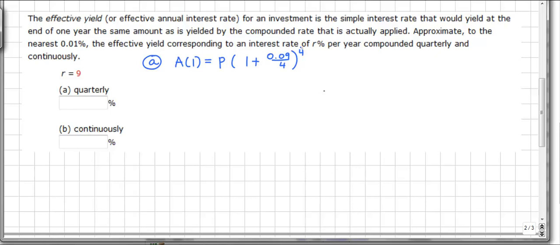Okay, so when you think about this, this is the amount you have in 1 year. So your interest in 1 year is the amount in 1 year minus your principal. Okay, so essentially that's this calculation.